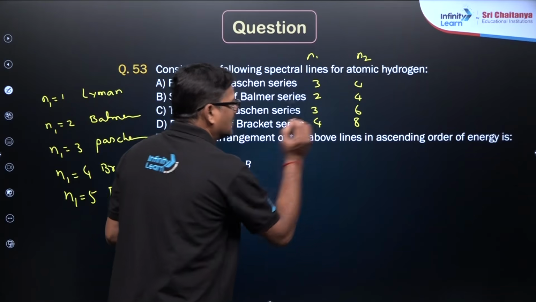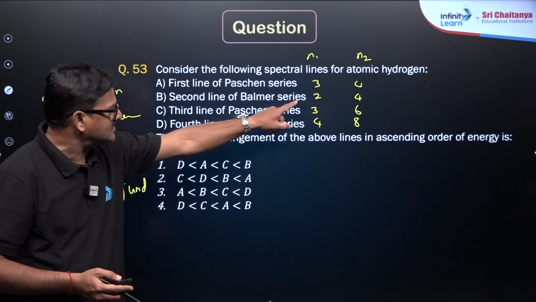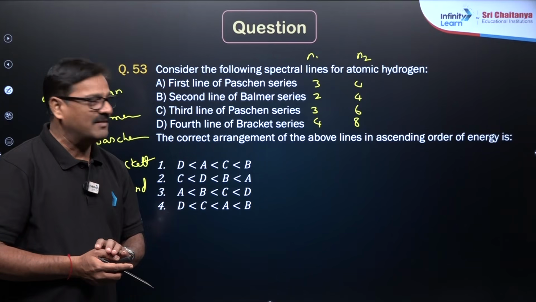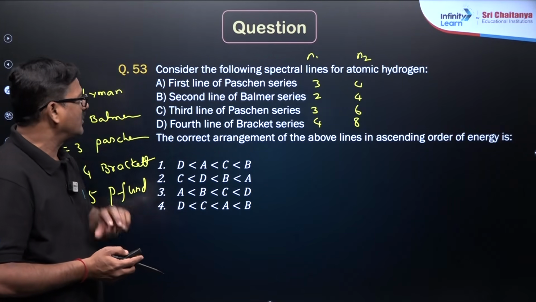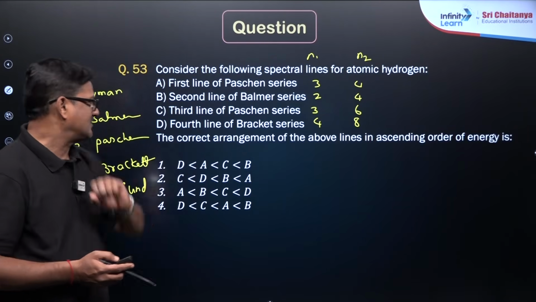So based on this, the highest energy is going to be Balmer, then Paschen, and Brackett is the lowest energy.